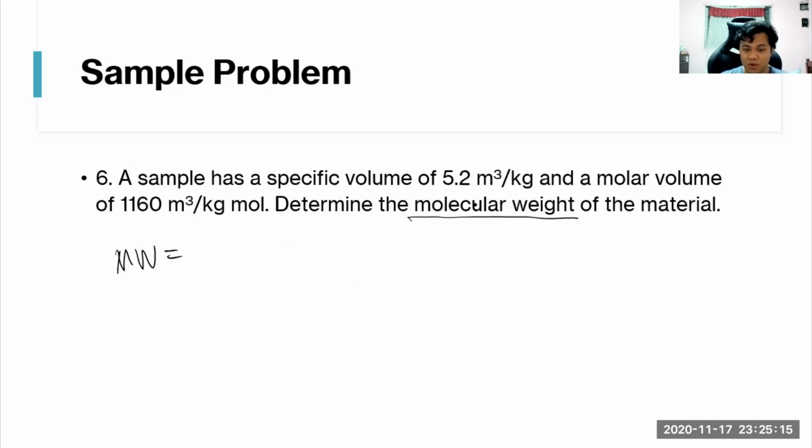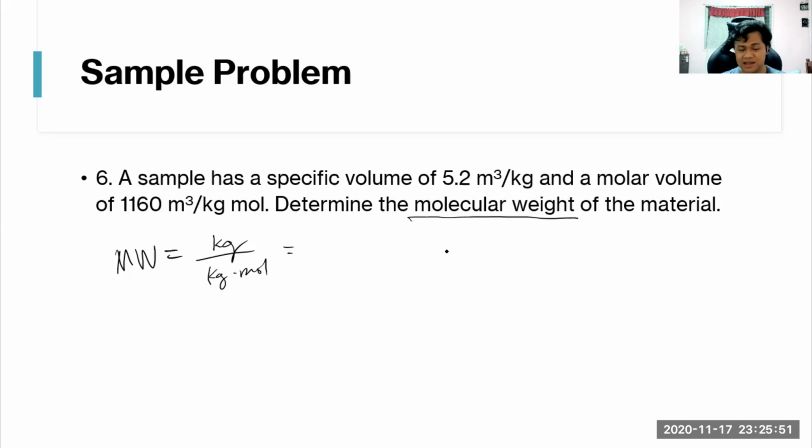Okay, so I've taught you about dimensional consistency. So what will be the divisor and the dividend here, so that we will get the desired units, which is kilograms per kilogram mole. So that's our desired unit.